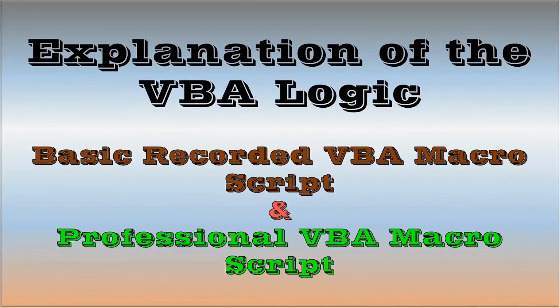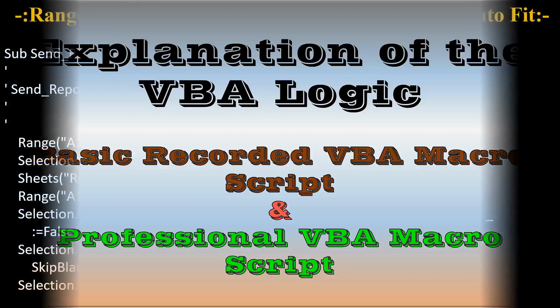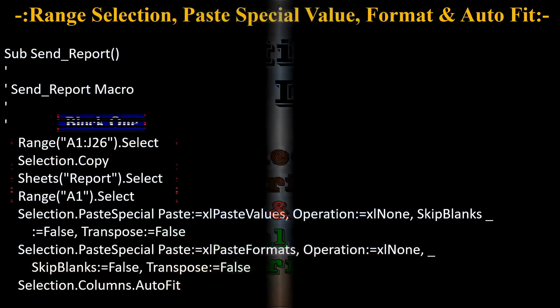Explanation of the basic recorded VBA macro script, and professional VBA macro script. Now that we have successfully recorded our actions, let us look at the code Excel generated for us. I have organized this into 3 distinct blocks on your screen to make it easier to follow.